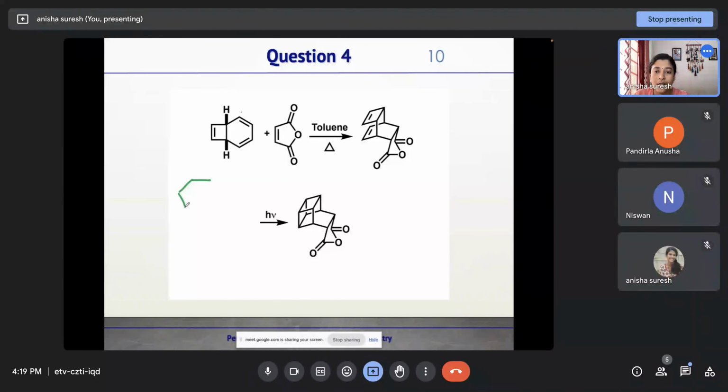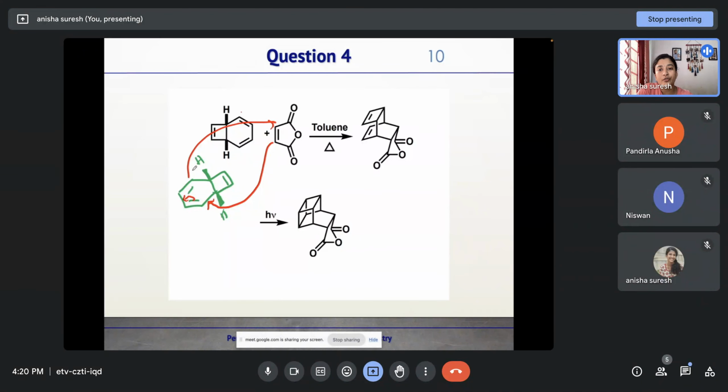We are having hydrogen, hydrogen and a double bond here. So this double bond will be attacking here. This will go and attack here and a cyclohexene will be resulting.